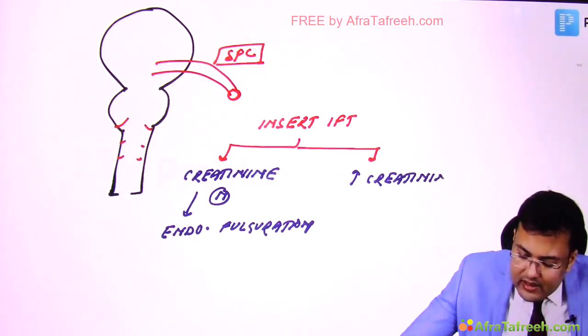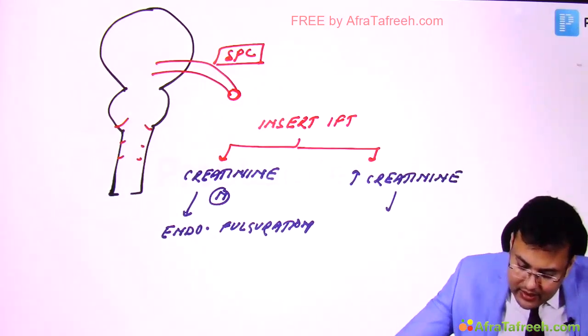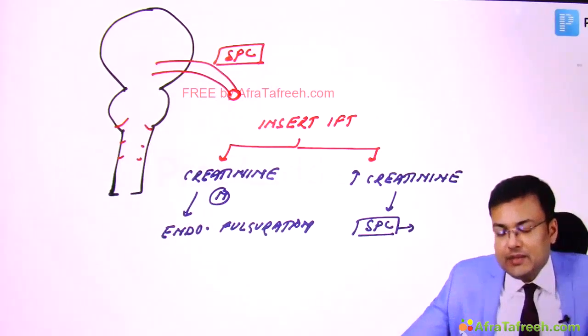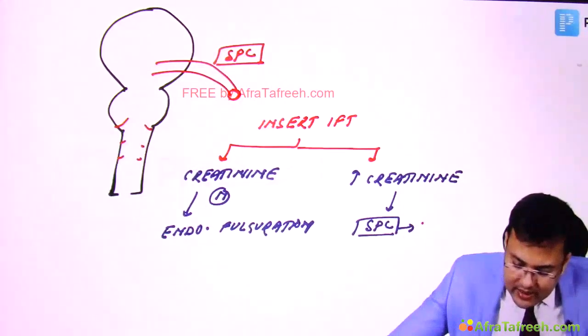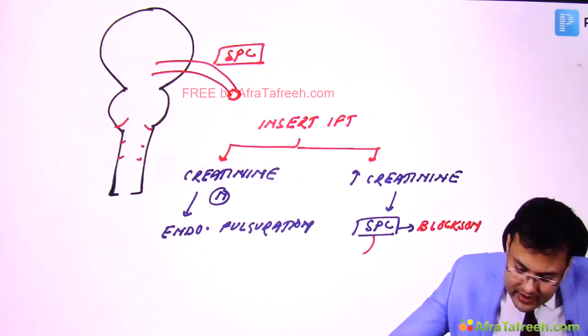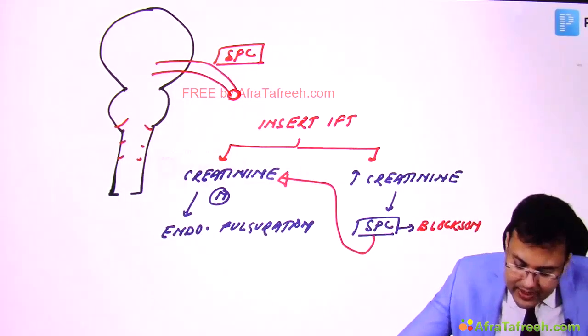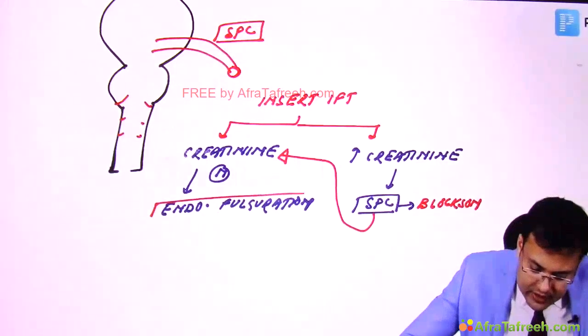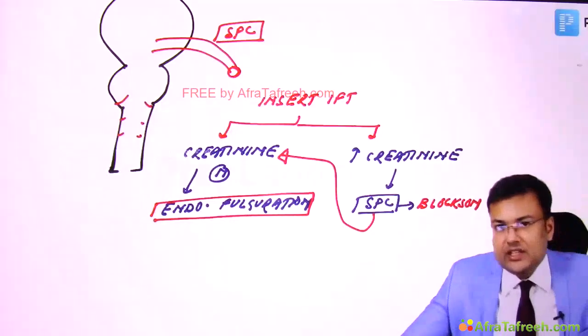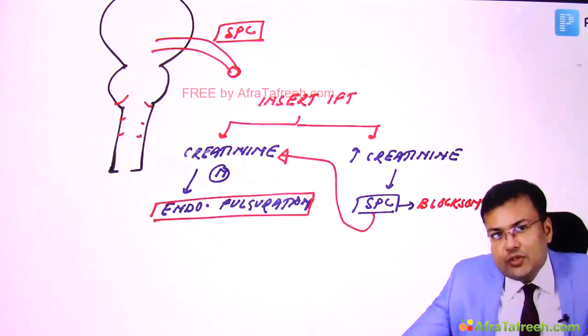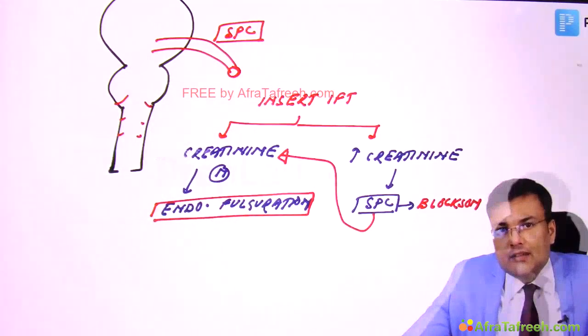In that case, we have to perform suprapubic cystostomy. The name of the technique is asked sometimes. This is known as Blockson technique. After that, creatinine comes down, becomes normal, and we perform endoscopic fulguration. So this is how we manage posterior urethral valve.